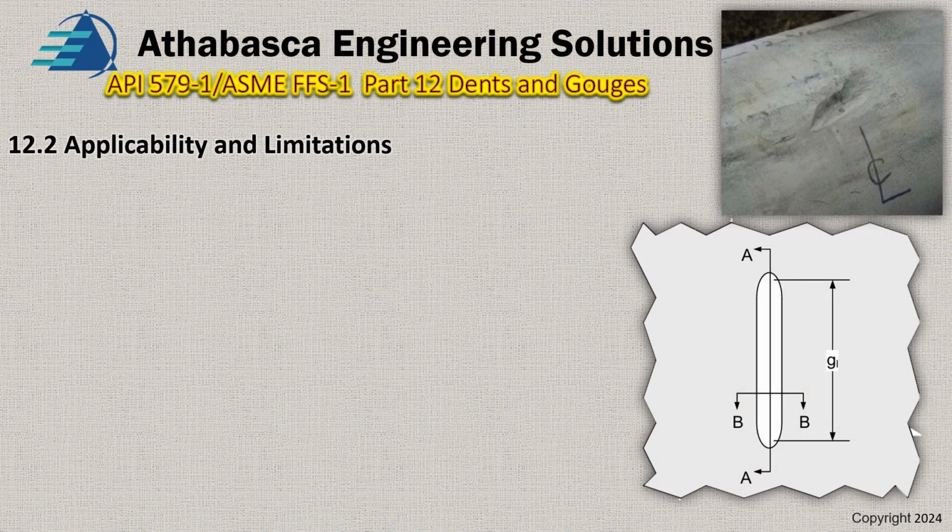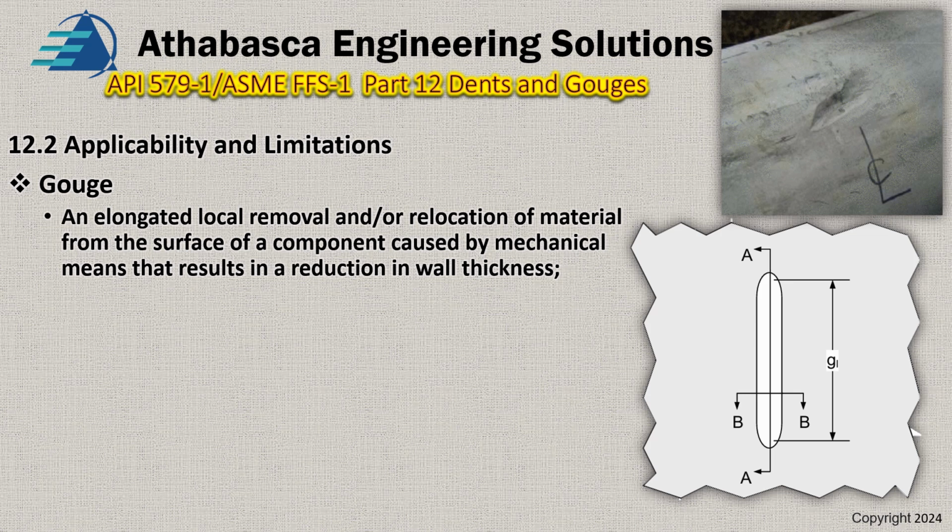12.2 talks about the applicability and limitations. Let's talk about gouges and what box the definition of a gouge fits into when doing an assessment. A gouge refers to an elongated local removal or relocation of material from the surface of a component caused by mechanical means that results in a reduction in the wall thickness, more of a substantial one.